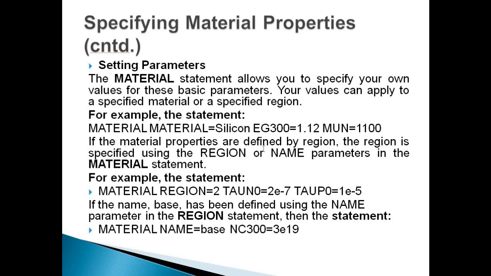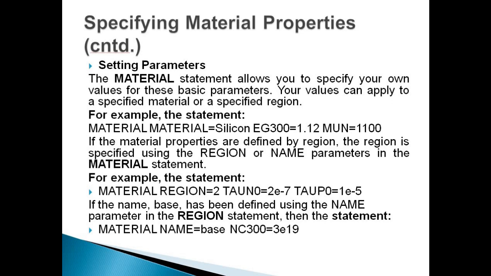If the material properties are defined by region, the region is specified using the region or name parameter in the material statement. For example, material region=2 TAUN=2e-7 TAUP=1e-5. TAUN specifies the lifetime of electron in the trap level. TAUP specifies the lifetime of hole in the trap level. TAUN and TAUP define the bipolar device.